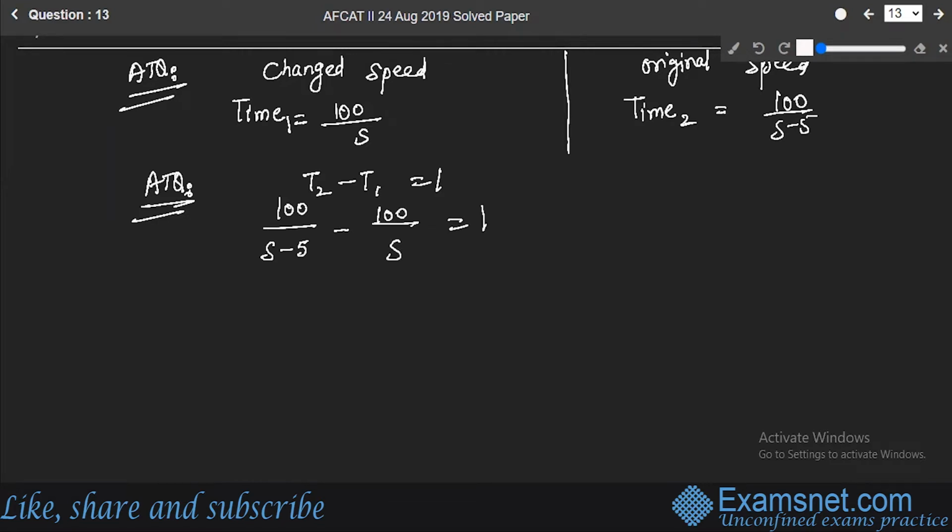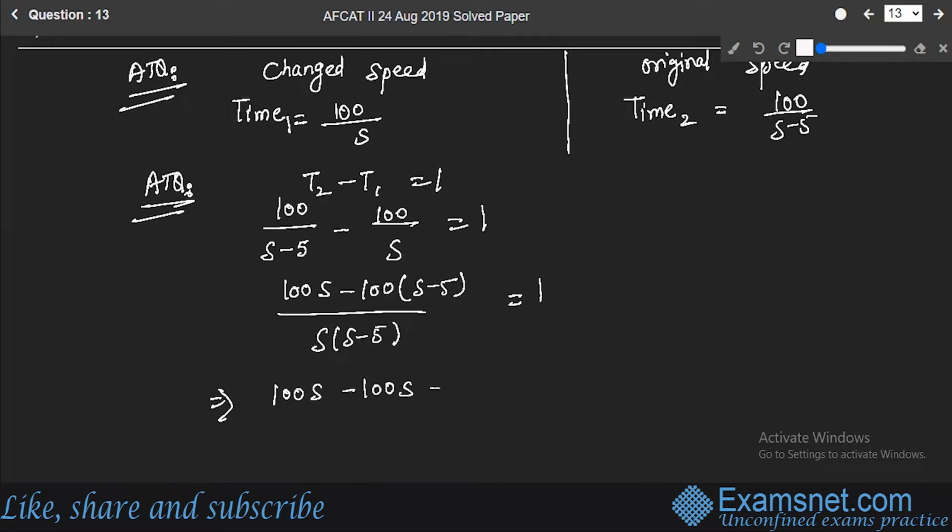So let's take the LCM. 100s minus 100 into s minus 5 over s into s minus 5 is equal to 1. So 100s and 100s will cancel, and you get 100s minus 100s plus 500 is equal to s into s minus 5.